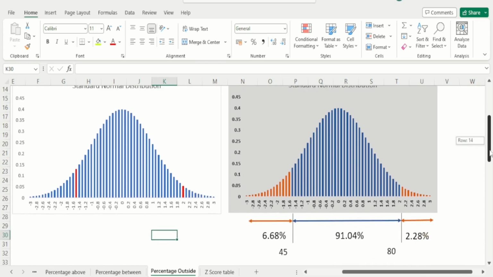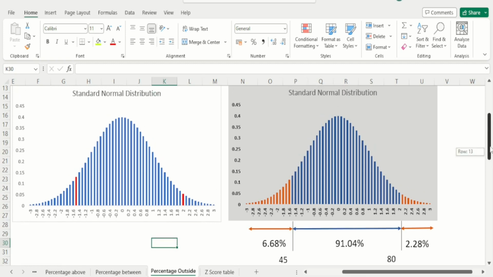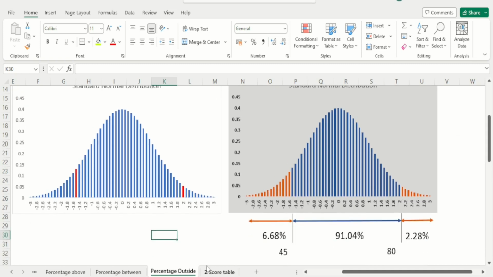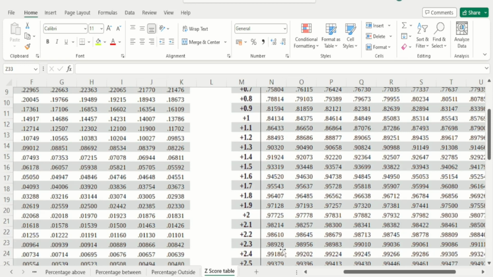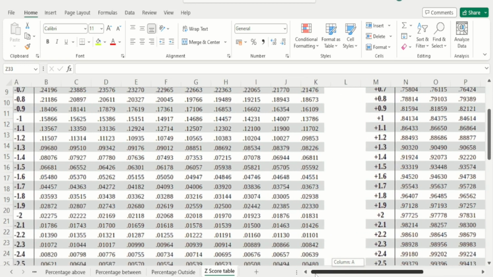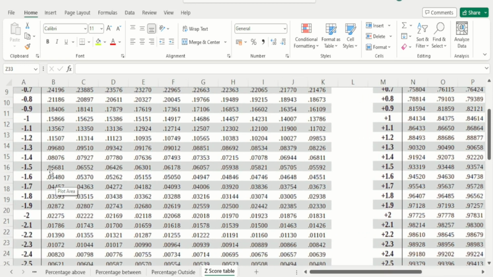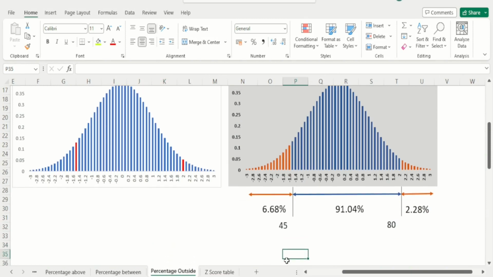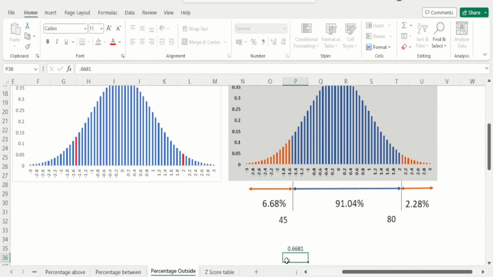So again, using the same logic, if you were to look up minus 1.5 in the z-scores table. So let's go ahead and look at minus 1.5. So our minus 1.5 is 0.0668, as you can see here. Okay, so basically, what does this mean?